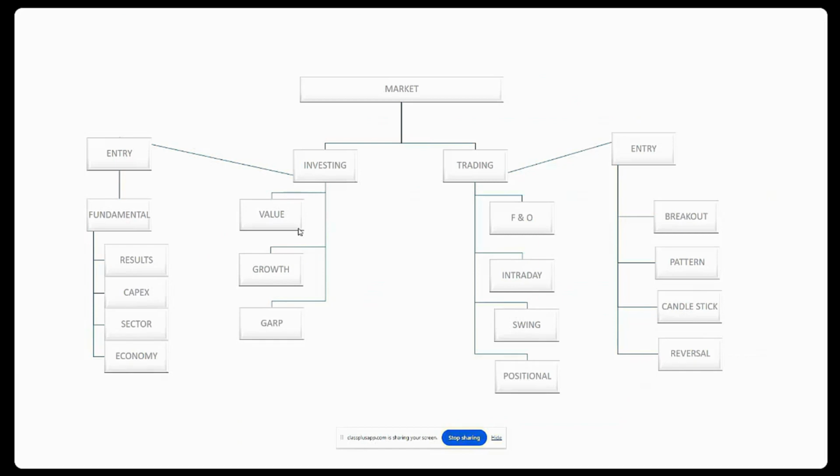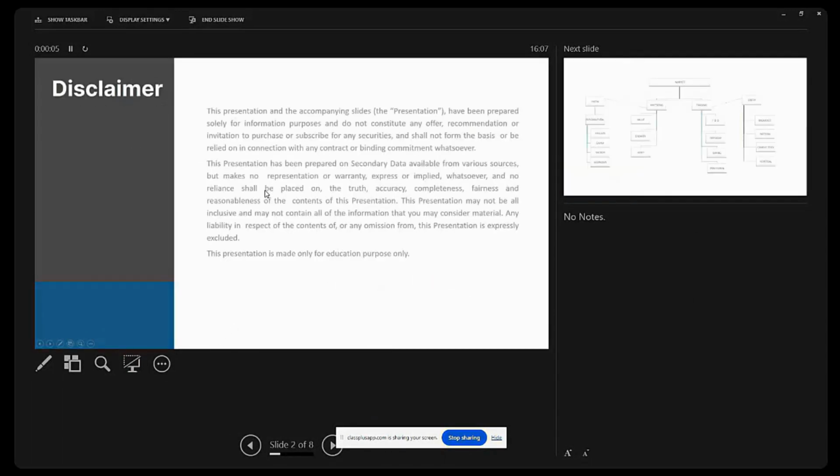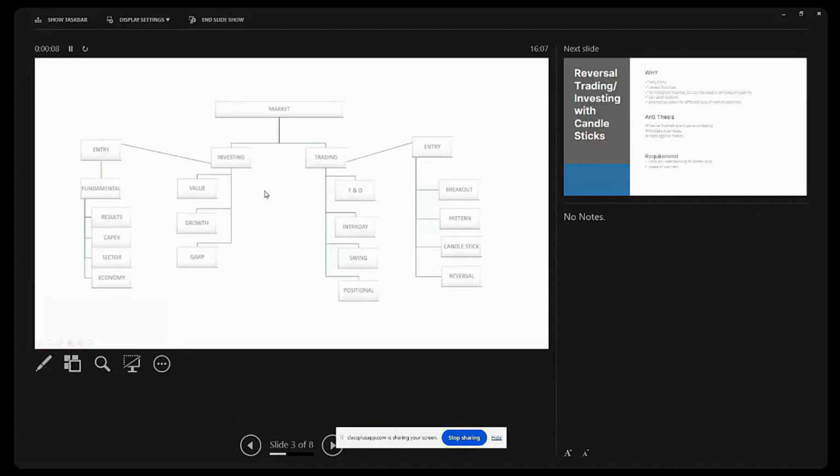Are you able to see this market flow chart? Okay, so currently I'm on this market slide.